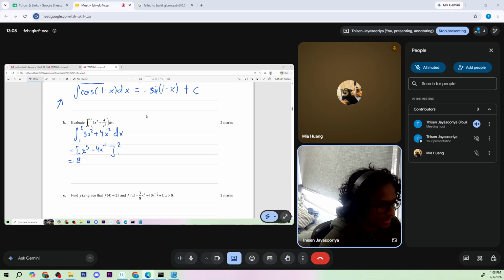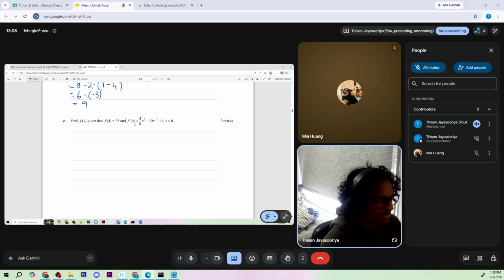Here this is going to be 8 take away 2, take 1 take away 4. I'm just doing f of 2 take f of 1 in my head. And then here I get 6 take away negative 3, which is 9.